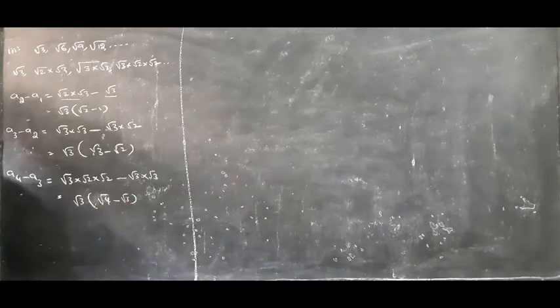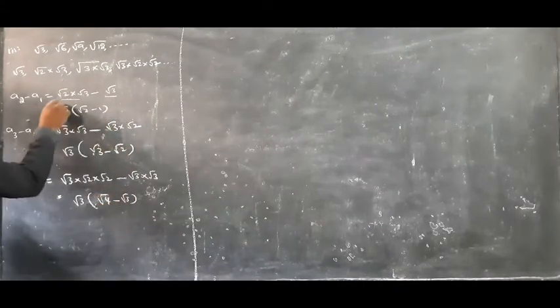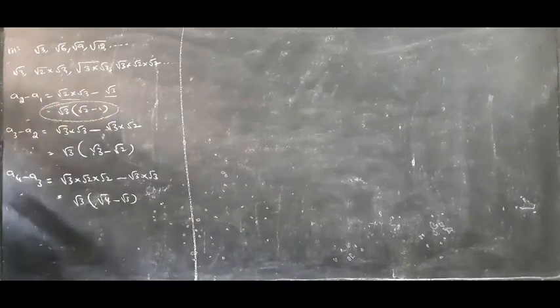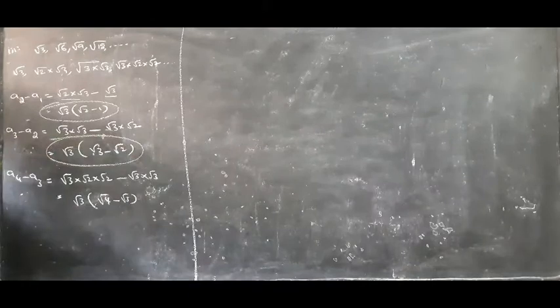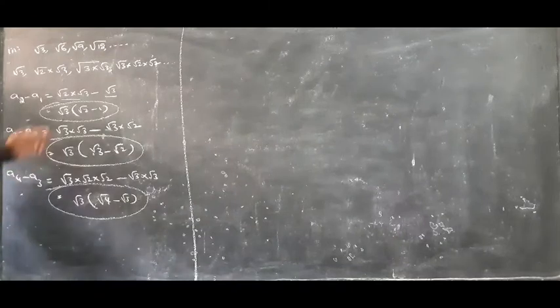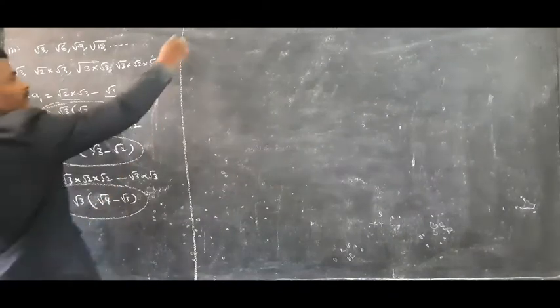See here, every time, what is the common difference? Root 3 bracket root 2 minus 1. Here the common difference is root 3 bracket root 3 minus root 2. Here the common difference is root 3 bracket root 4 minus root 3. See, every time the common difference is not equal.